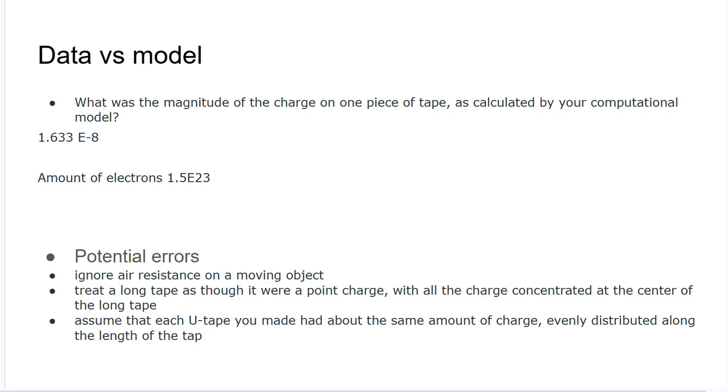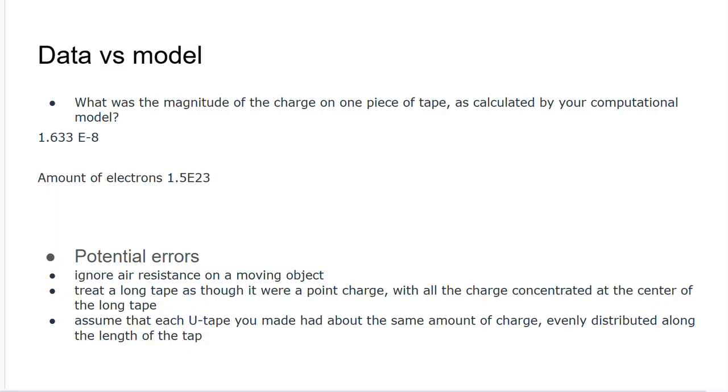This was used knowing the charge of an electron divided by the surface area of the tape, and it was very useful to figure this out. It's a rough estimate, but it was good.